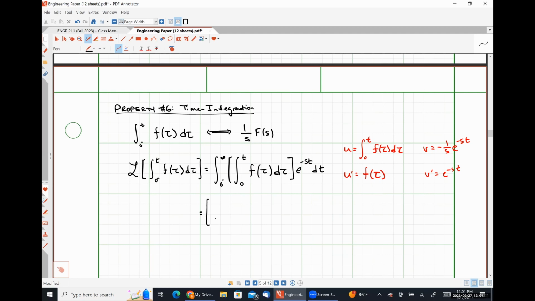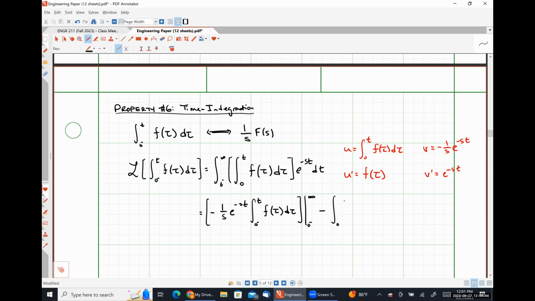So I'm going to have negative 1 over s e to the negative st times the integral from 0 minus to t of f of tau d tau, this whole thing evaluated at infinity and 0, minus the integral of u prime times v.